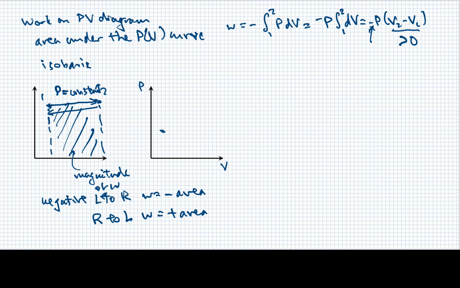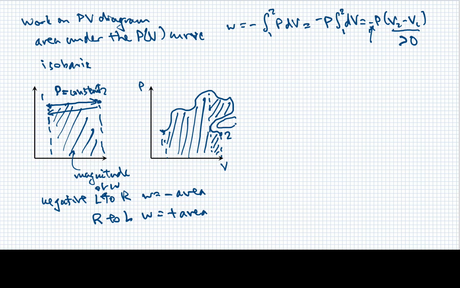So if my initial point is here and my final point is here, and actually I've screwed this up a little bit by making this such a complicated diagram, but for this part of the curve up to here, it'll be the negative area under this part of the curve, and now it will be this part of the curve here and this part of the curve here, but it won't include this region in here because we were going from right to left.